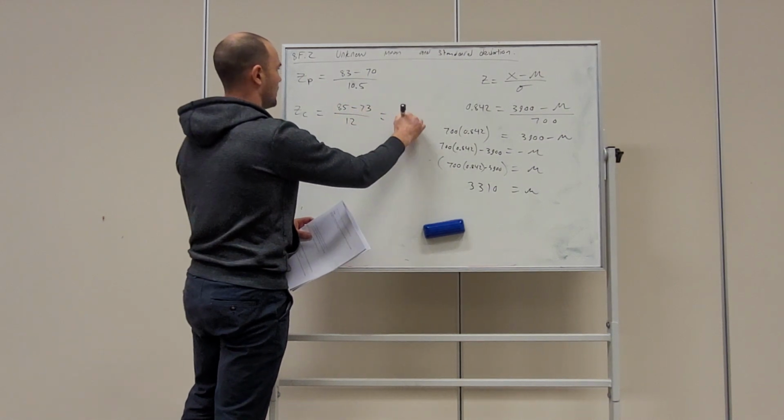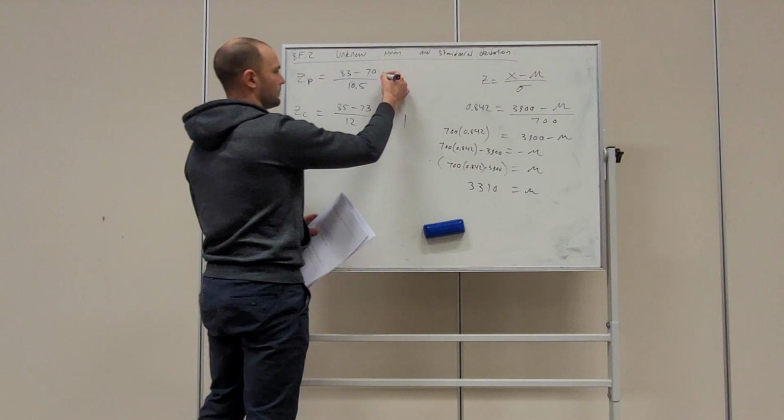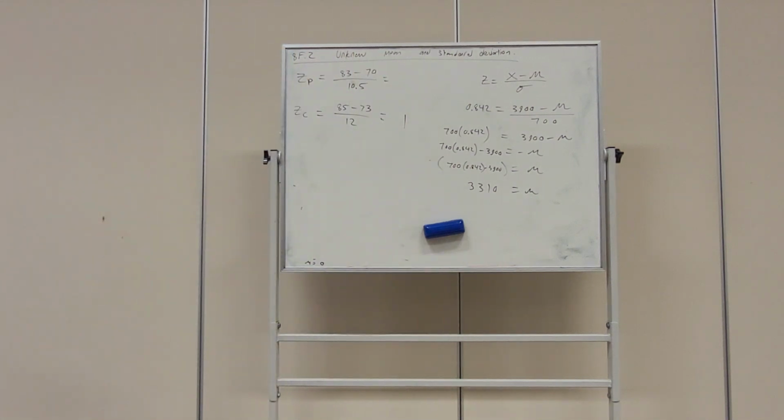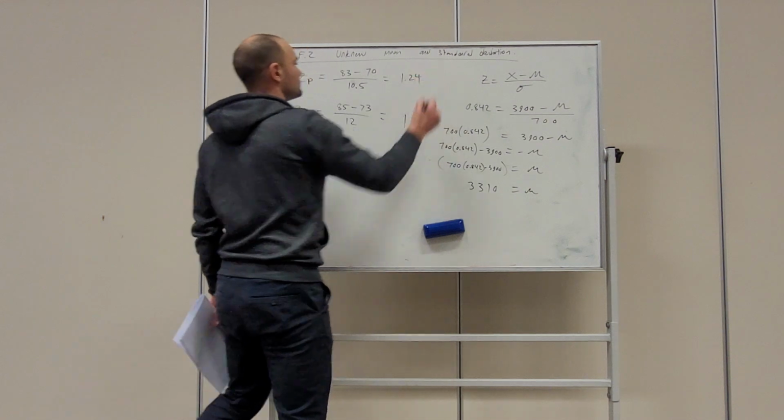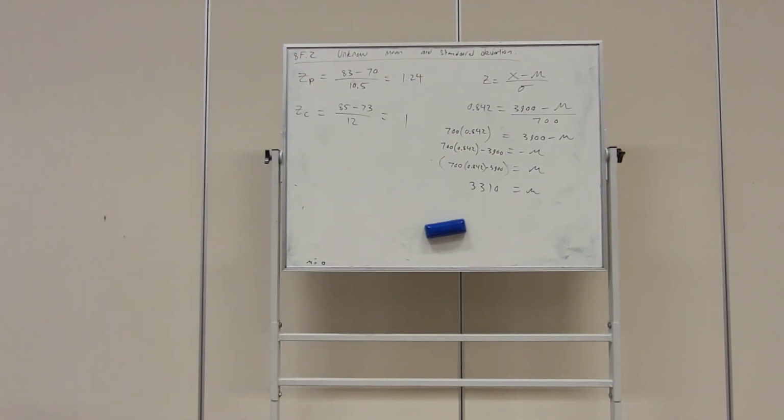So what's that? That's going to be 13 on 10.5, which is above 1, 1.24. Okay, so there's the z-score for physics, the z-score for chemistry.